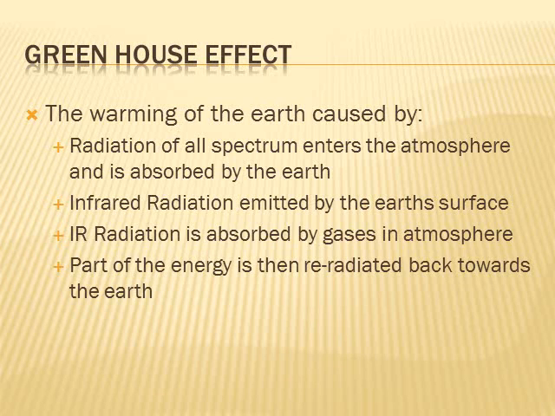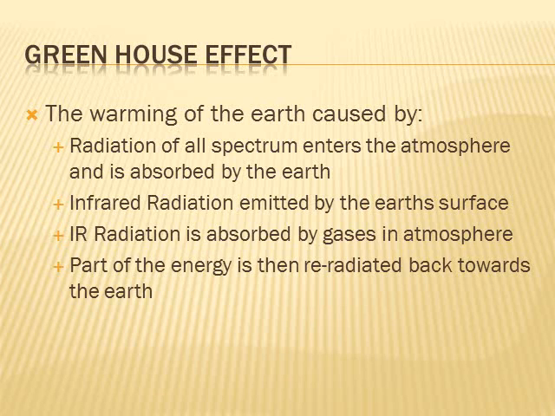Okay, the greenhouse effect, if we were to summarize it and explain it, these would be the key summary points that you should keep in your notes. So, the greenhouse effect is the warming of the Earth caused by the following. Radiation from all spectrums enters the atmosphere and is absorbed by the Earth. So it'll get through that atmosphere and it'll be absorbed by the Earth. Then the Earth re-emits that energy in the form of infrared.